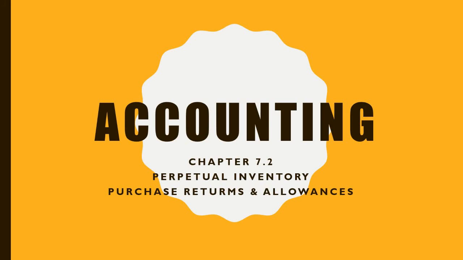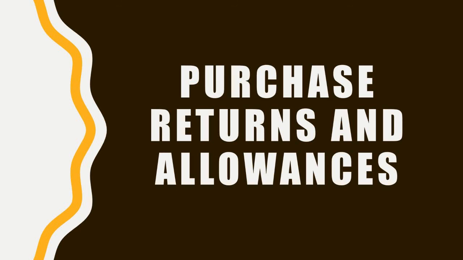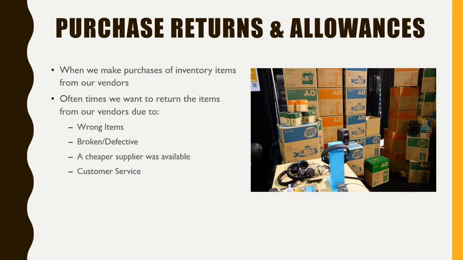Now, of course, when we talk about making purchases of perpetual inventory, we also need to remember that we have the possibility to return or get an allowance. There are many reasons why we might need to return a product, especially when we're purchasing it from a manufacturing company.